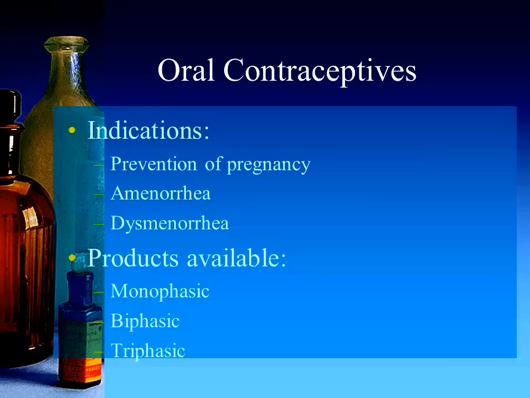If oral contraceptives are being used, women should be encouraged that if they are planning on conceiving, they should discontinue the oral contraceptive for at least 3 months prior to attempting to conceive, because they want to make sure that all those hormones are out of their body and their body is back to a normal state.